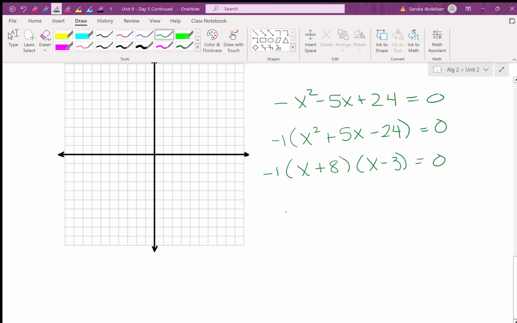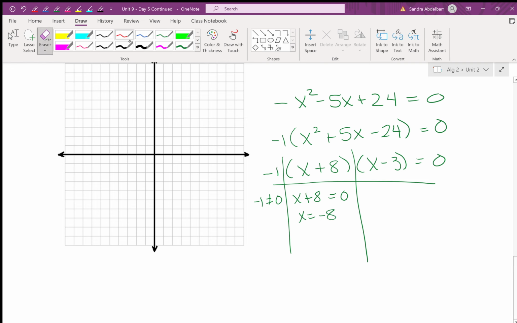Then we set each one equal to 0. Can negative 1 ever equal 0? No, so that's out. x plus 8 equals 0 when x equals negative 8. Do we all agree that's a single root? And then x minus 3 equals 0, so x equals 3. Again, a single root.